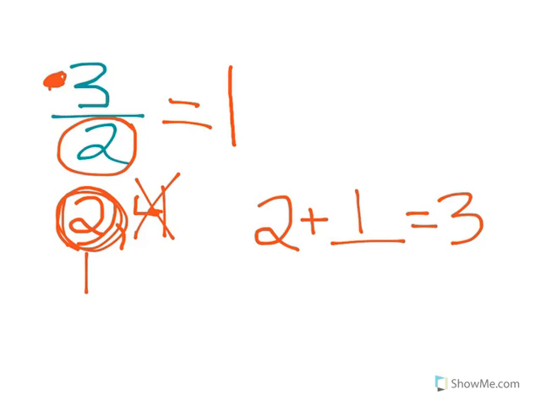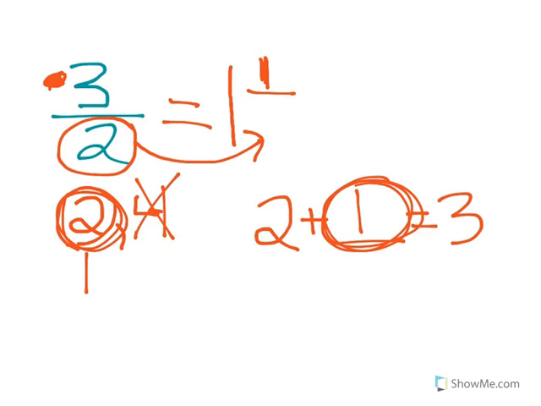I only had to add 1 to get to 3. So that would be our numerator. This is basically like our remainder. So that's why it's a 1. And our denominator can just simply slide over. So this is equivalent to 1 1/2.